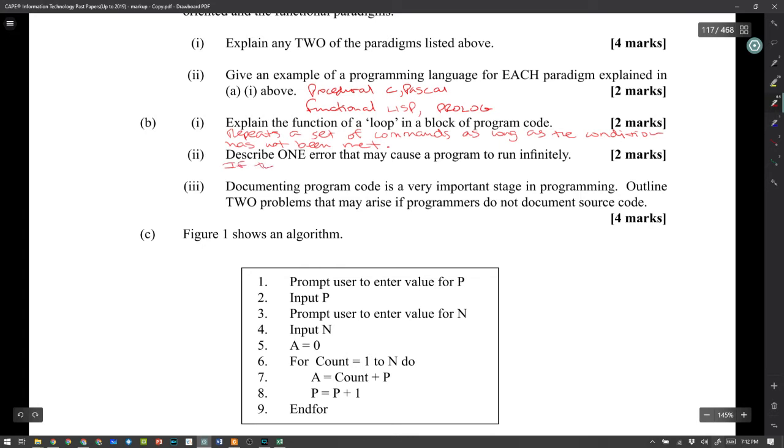If the condition for the loop cannot be met, the loop will keep running indefinitely.